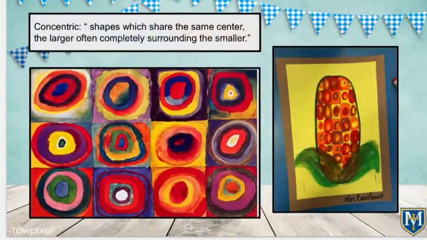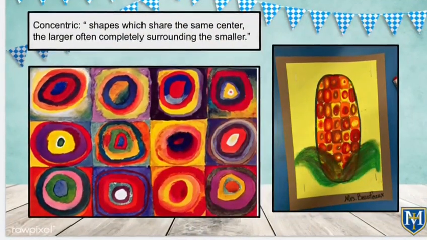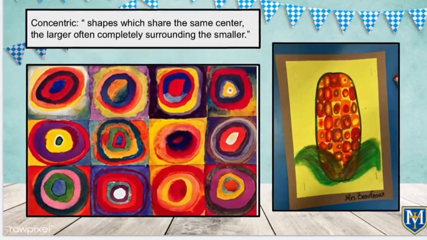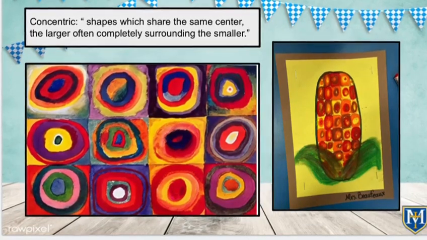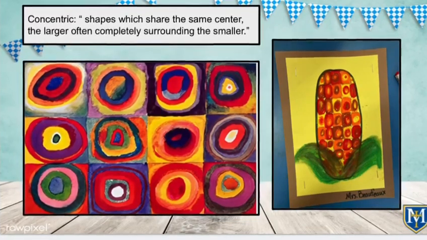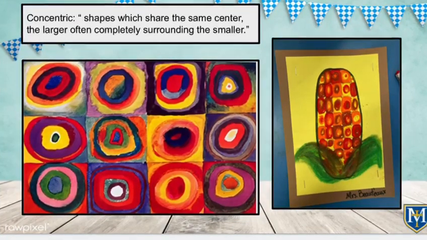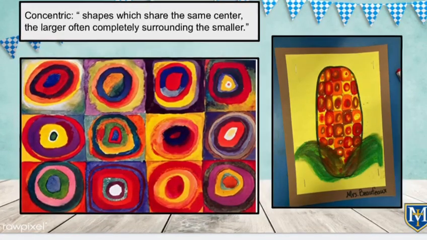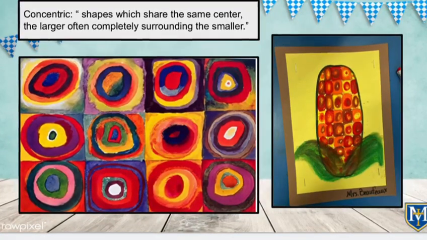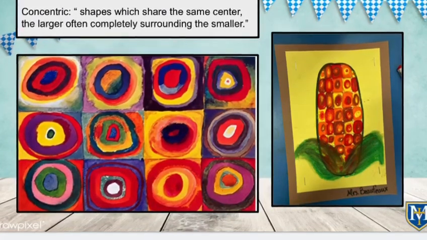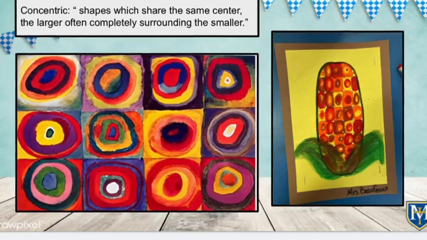Before we go much farther with this project, let's define the word concentric. Concentric means shapes which share the same center, the larger often completely surrounding the smaller. If we look to the image on the left, which is Wassily Kandinsky's Concentric Circles, and then to the image on the right, which is my Kandinsky corn, you will see that they share certain aspects.